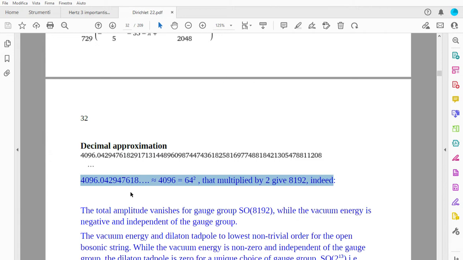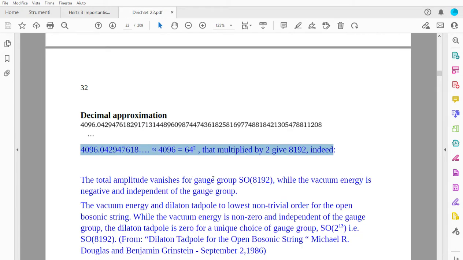Practically, we obtain 4096, which multiplied by 2 gives 8192.